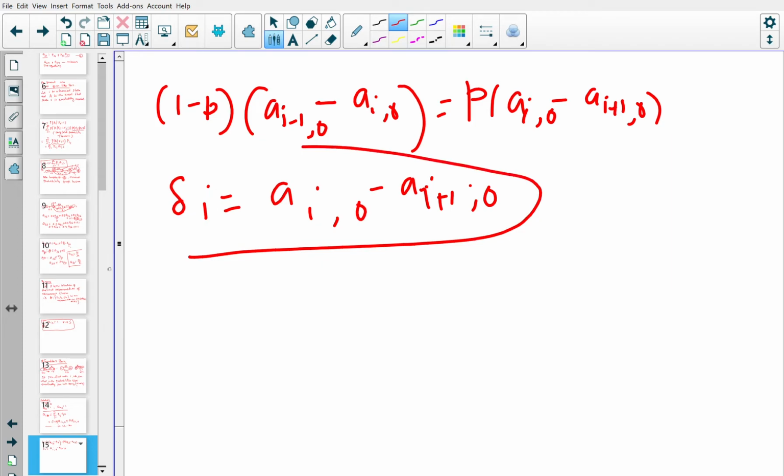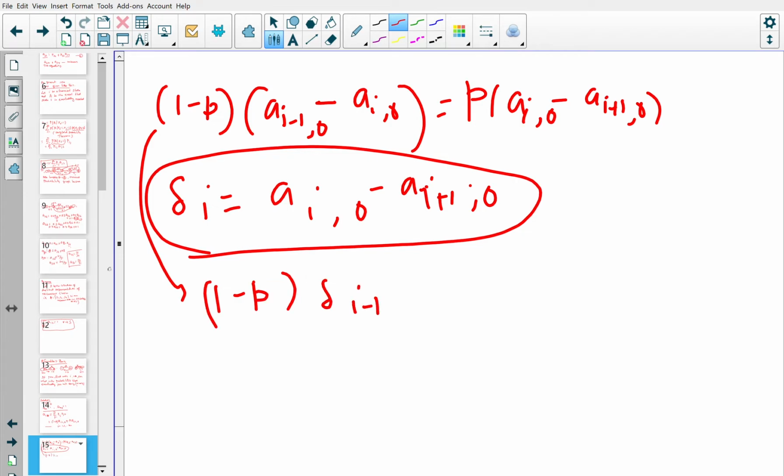If I use these symbols, then this equation becomes (1 minus p) times delta_(i-1) equal to p times delta_i, right?